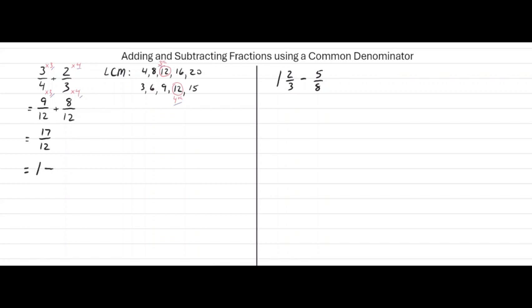We also keep the denominator the same. And we have to figure out how many twelfths are left. One whole thing of twelfths would be 12 twelfths. 17 take away 12, there has to be 5 left. So when I say 3/4 plus 2/3, the answer is 17 twelfths, or 1 5/12.